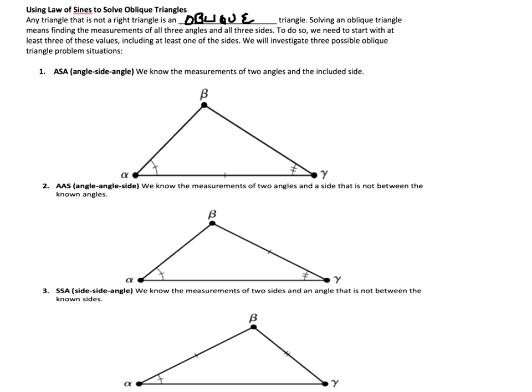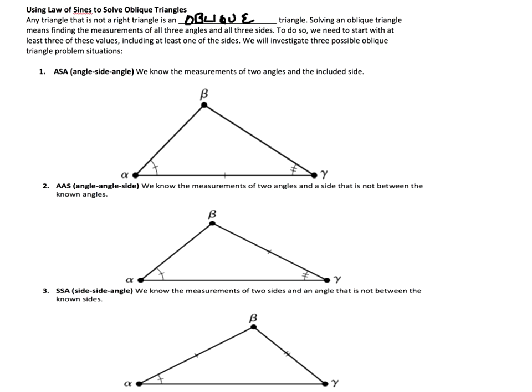These three types of oblique triangles are what we're going to use the law of sines to solve. And remember, let me remind you what solving a triangle involves. It means you are able to list the length of all three sides, and the measurement of all three interior angles on the triangle.